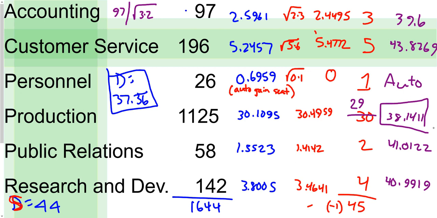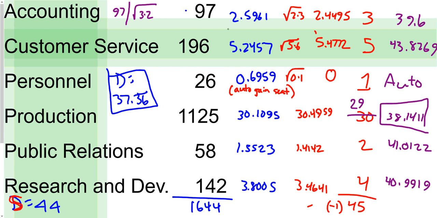Okay, so it's the smallest. So now that's going to be the first one to lose a seat, and we only need to lose one, right? So as before, we want to make sure that we go past one, but not as far as the second divisor. The second divisor is up here, 39.6. So we have to choose a divisor that's in between 38, 39. Let's just do 39.